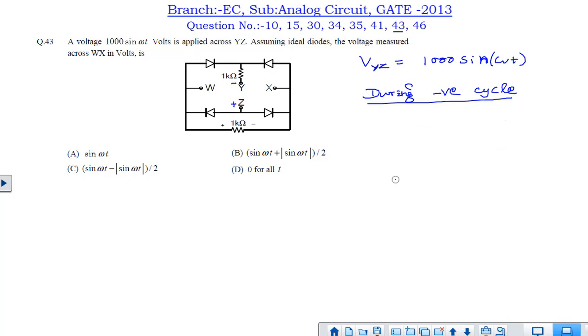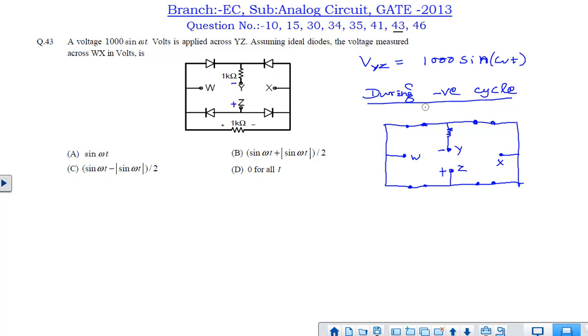Now during the negative half cycle, this will be forward biased, this will be forward biased, similarly this will be forward biased, all the 4 diodes will be forward biased. So the circuit will be looking like this. So if you see, the potential at this Z point is same as W. Similarly, potential at Z point is same as X. So both are at same potential.